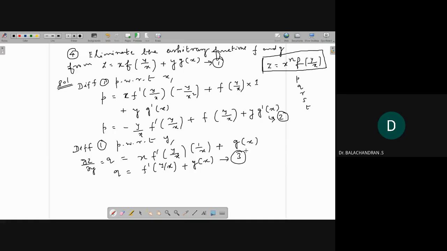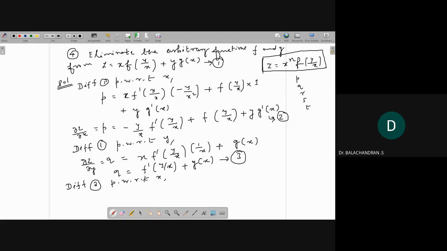Now I am going to differentiate equation 2, which is dou z by dou x, partially with respect to x.